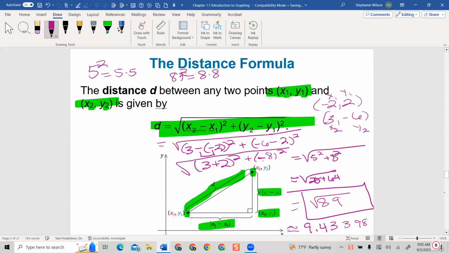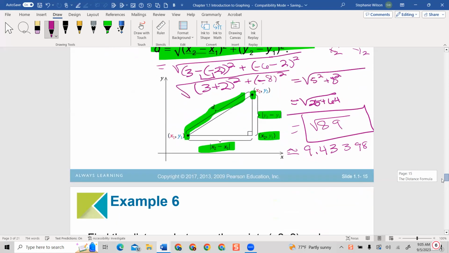9.43398, and so on. And I want to talk to you about rounding just for a second as a refresher. So say it wanted you to round to the nearest hundredths. As you notice, the second decimal place is the hundredths. What we do is we look behind that number and ask ourselves a simple yes or no: is it equal to or greater than 5?